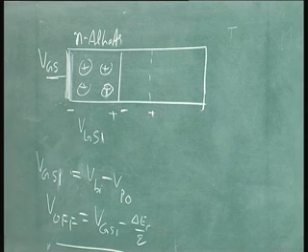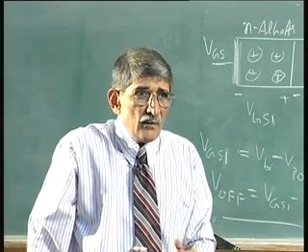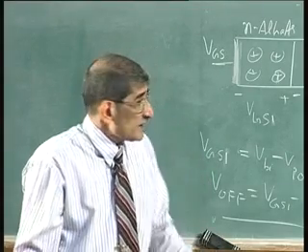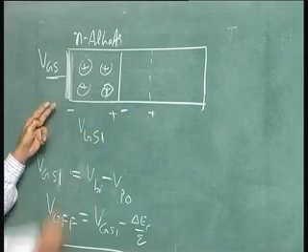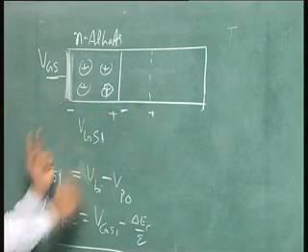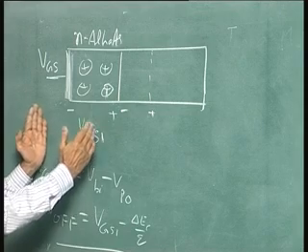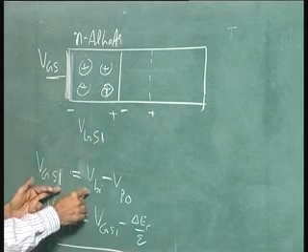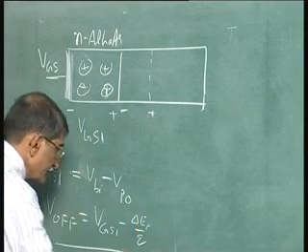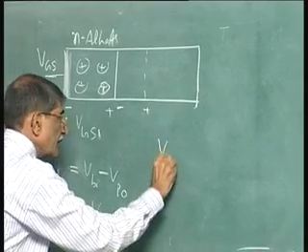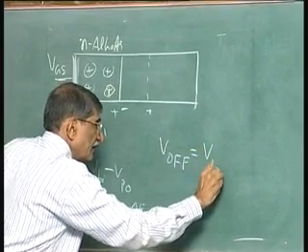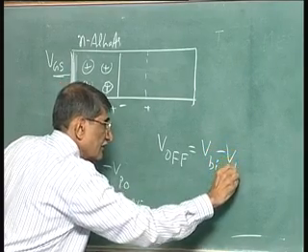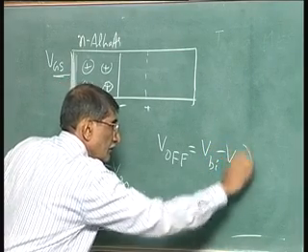So, VGS1, the threshold voltage of the MOSFET portion, is VBI minus VP0. You must apply extra voltage with negative polarity here, that is minus plus and minus plus here. So, if I apply V off equal to VGS1, that is VBI minus, so V off is VBI minus VP0, okay.